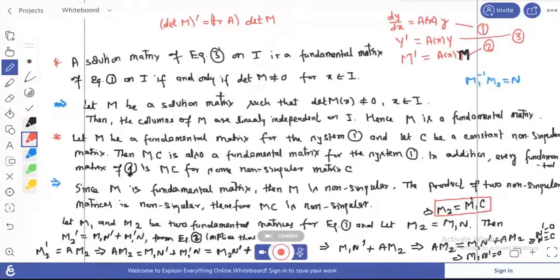This means if M1 is the fundamental matrix and C is the constant matrix, then the product of these two is also a fundamental matrix. So if M1 is any fundamental matrix and we multiply it by any arbitrary constant matrix, the new matrix is also a fundamental matrix of your given system. So this is your proof, which depends on your fundamental matrix.